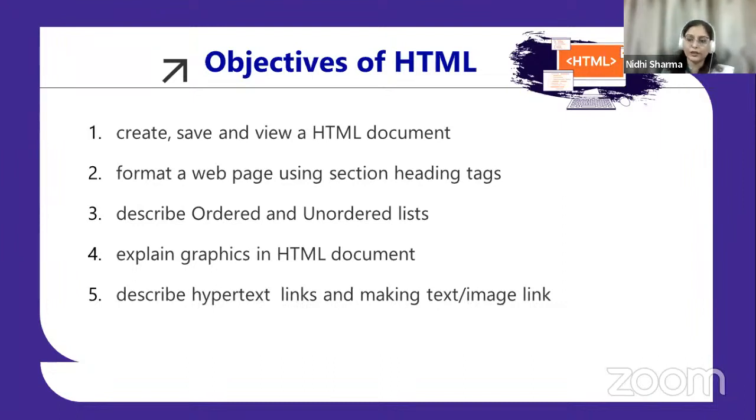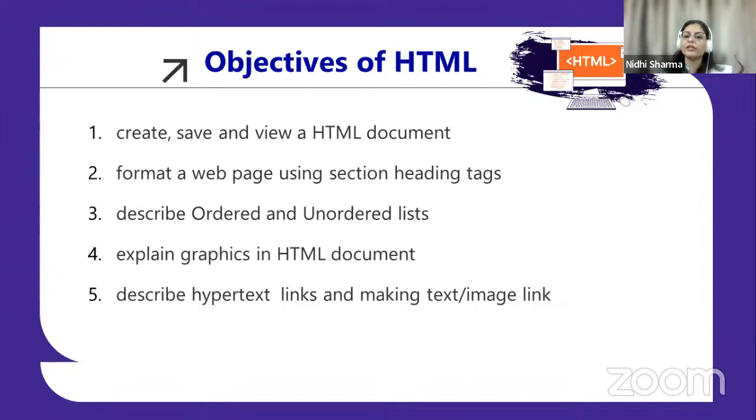It can be unordered lists. Ordered lists, like we can have numbering 1, 2, 3, 4, 5, or we can have lettering like A, B, C, D. Unordered lists, like we can have bullets. It can be a hollow circle, a filled circle, a disk, a square, a filled square. So we can have different types of lists, ordered list, unordered list.